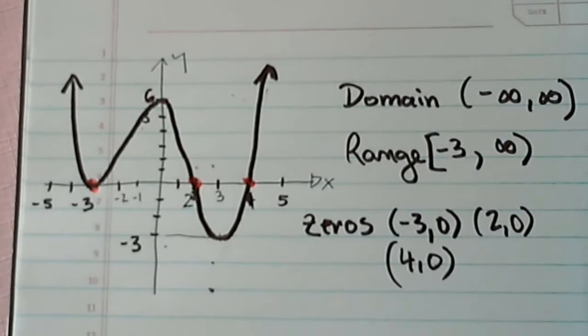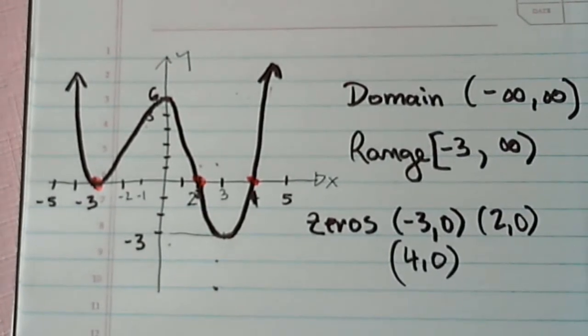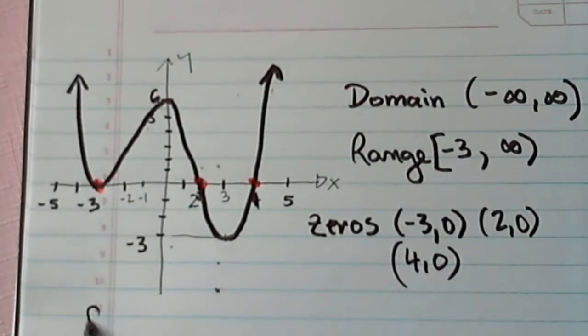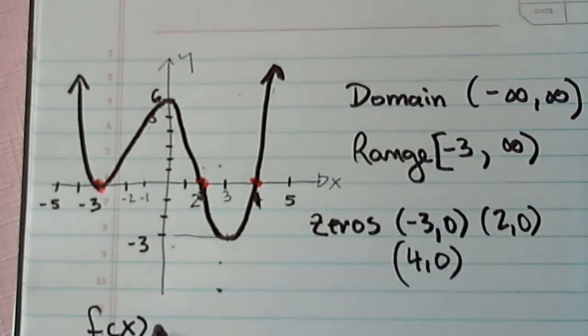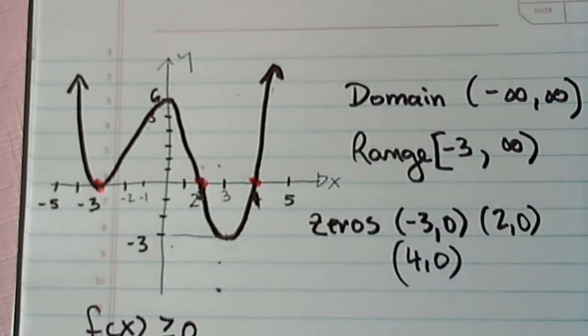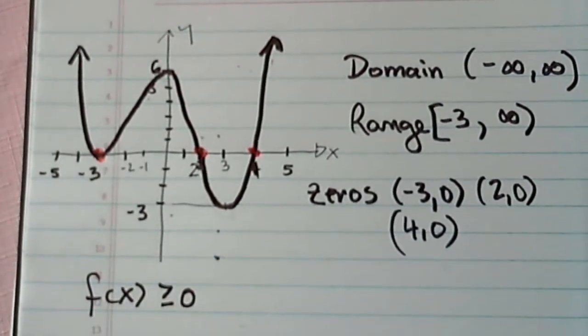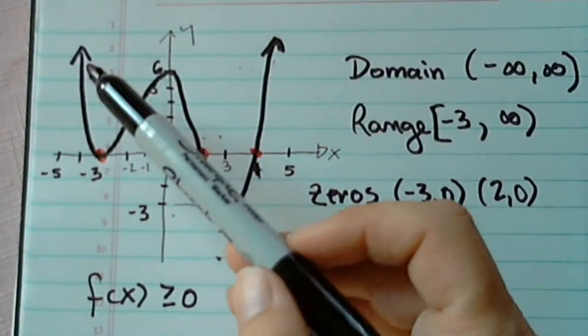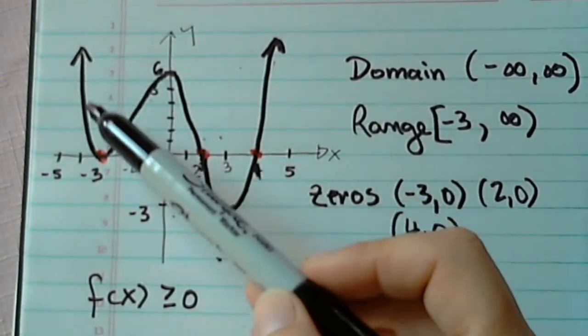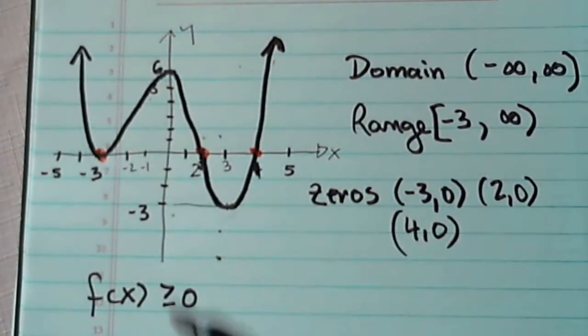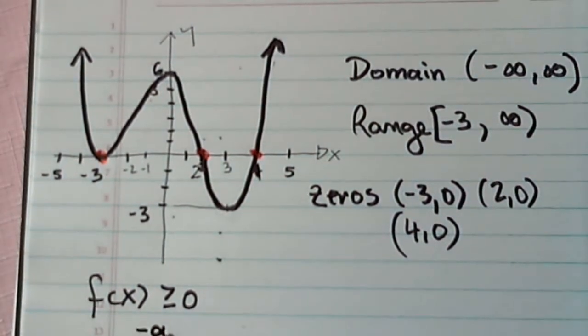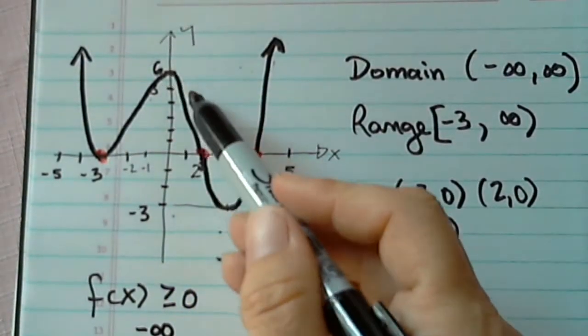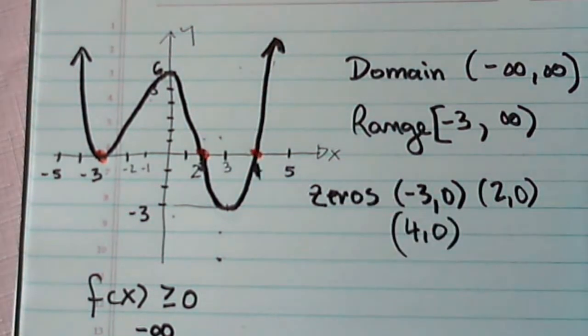Another question I could be asking you, where is this function f of x greater or equal to 0? Okay, let's take a look. Where is it greater or equal to 0? Meaning, where's this function above the x-axis? So we're above the x-axis here, which is negative infinity. We're still above the x-axis all the way to 2.